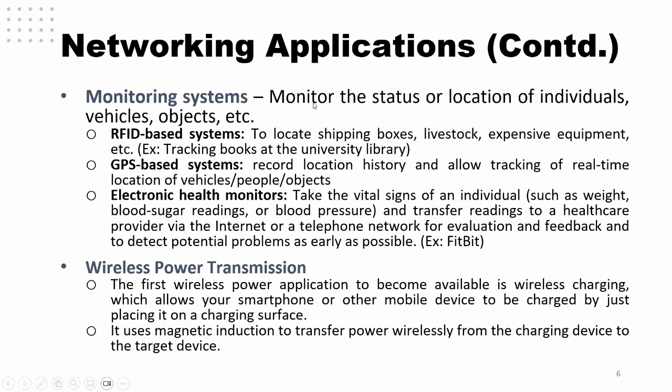And then the monitoring system, where you can monitor the status or location of individuals, vehicles, or any other object. Sometimes you could use RFID based systems to locate different objects.